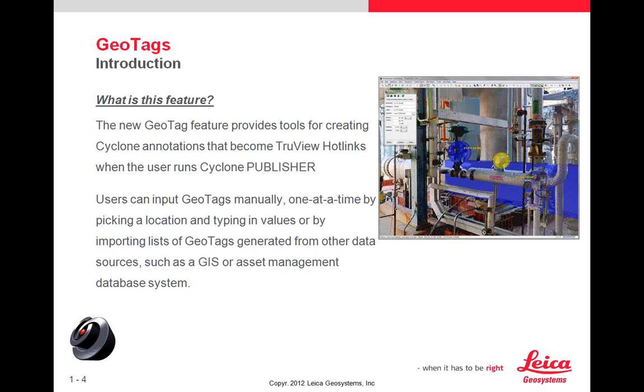One of the major tools we have for this is called geotags. This is a way to mark items inside of a plant scan, typically for the plant industry, to integrate the GIS information and geographic information systems to tag valves, fire extinguishers, or anything relevant.